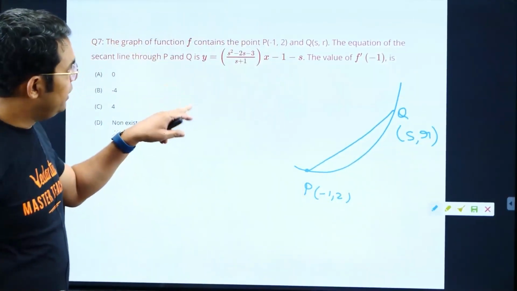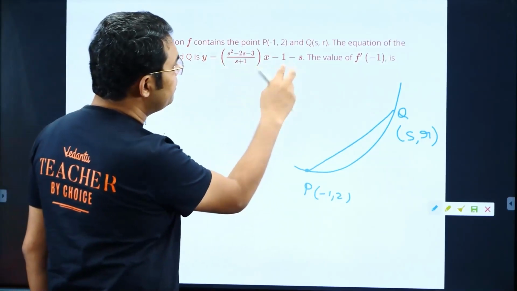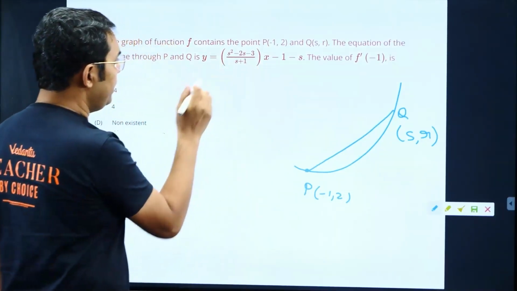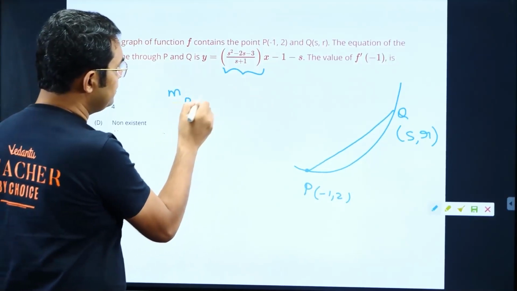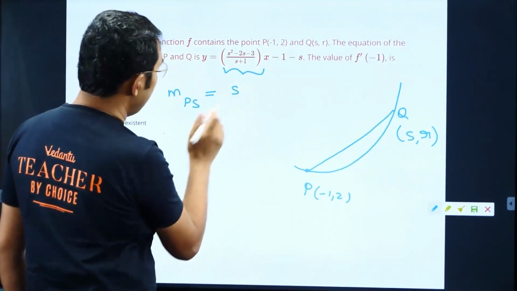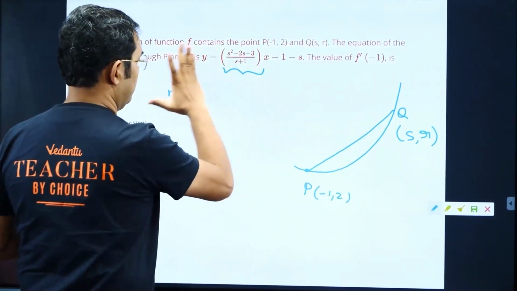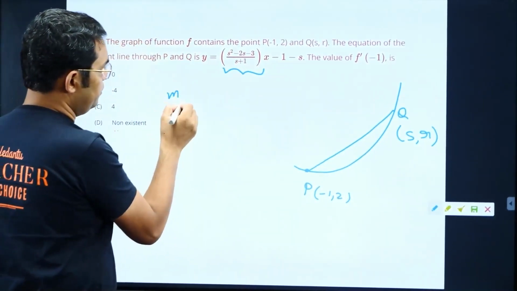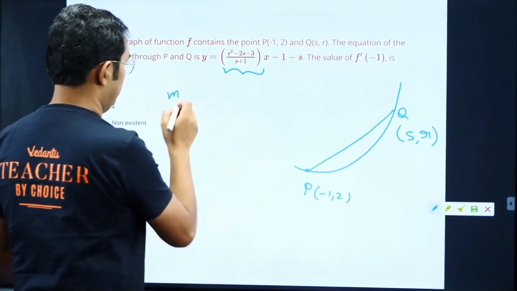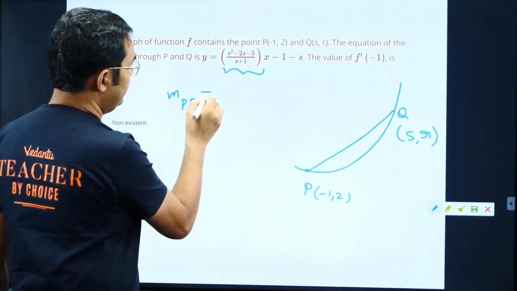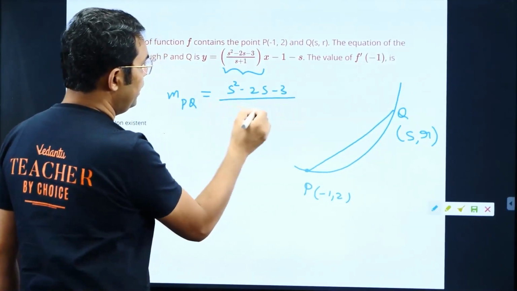We are given the equation of the line PQ in y equal to mx plus c form, where this thing is actually the slope of PQ, and that is given as (s square minus 2s minus 3) upon (s plus 1).